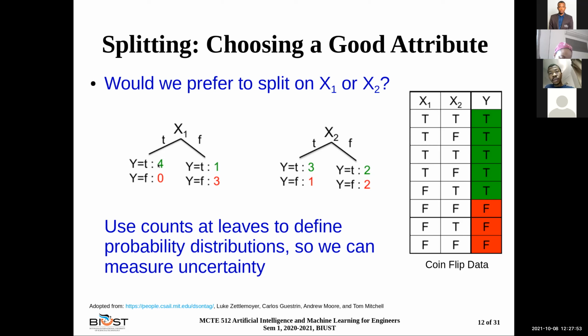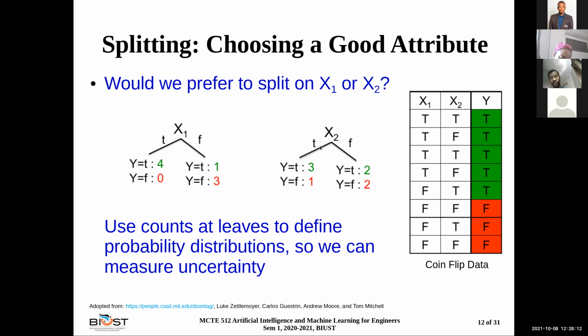So we are looking at all the possibilities of true and false: 4 true and 0 false. If X1 is false, then you have 1 true and 3 false.